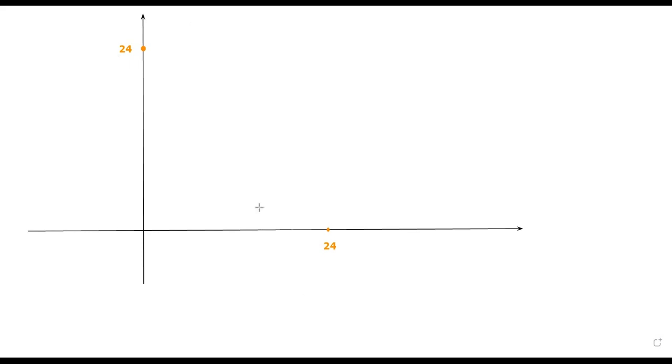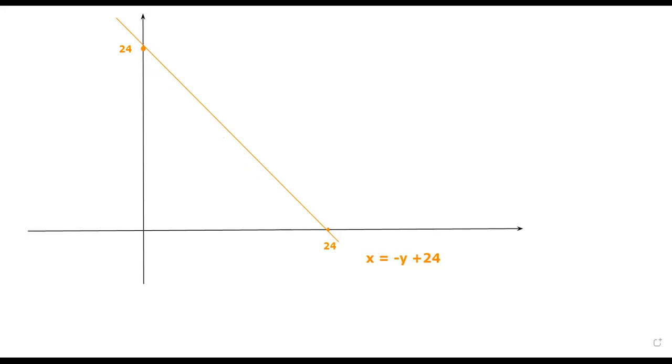This is our curve, x is equal to -y plus 24. Okay, this is our orange line.